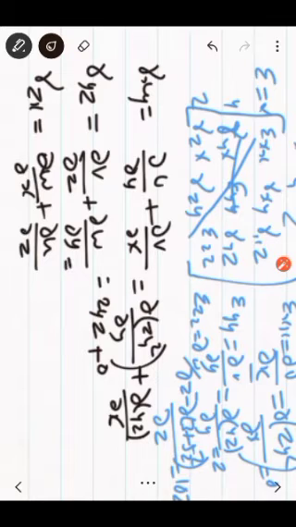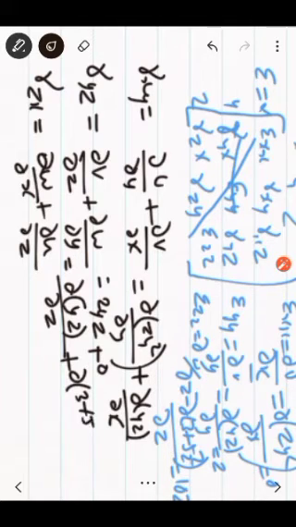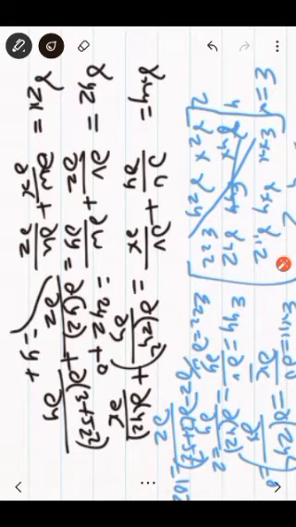Then dou of v is yz by dou z plus dou w is dou of 3 plus 5z square by dou y. So you get the value of this one equal to, with respect to z you get y, with respect to y you don't have any y, this is 0.